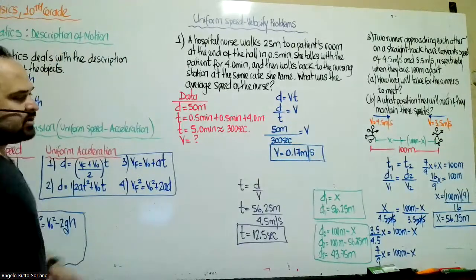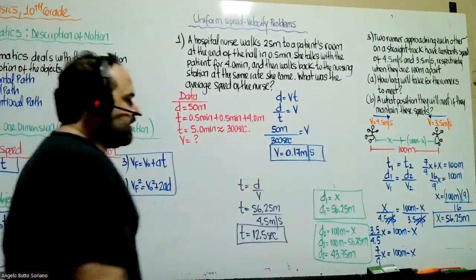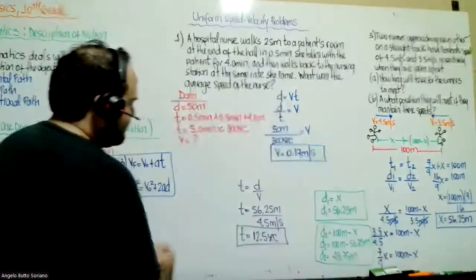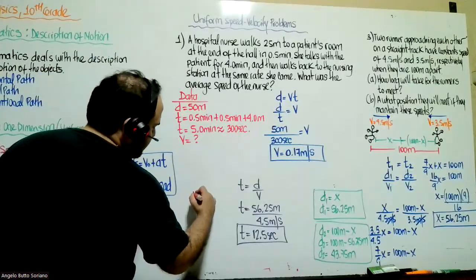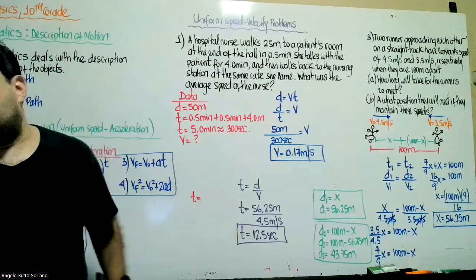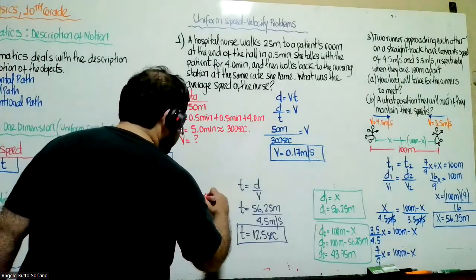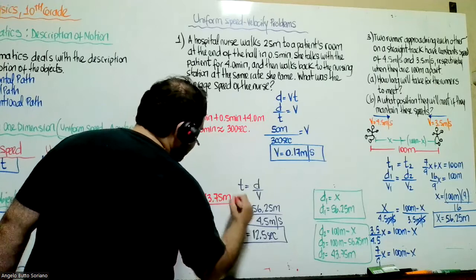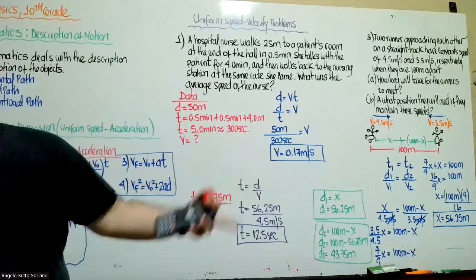But this is just in case you're doing it for the first runner. If you want to do it for the second runner, you shall see we obtain the same result. Obviously, we have to use the second distance, 43.75 meters, over the velocity of the second runner.